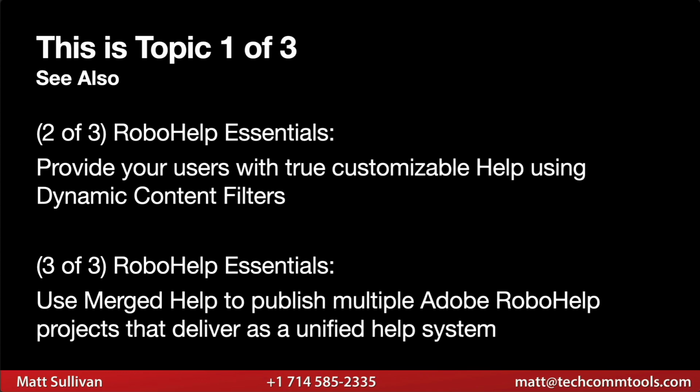There's also going to be a third session that explains merged help, or the ability to produce a single output with or without conditions and filters from a connected set of independent RoboHelp projects. Merged Help lets you and your team manage truly large sets of content from multiple independent projects, and that can help you simplify content access for your authors without use of a dedicated content management system.